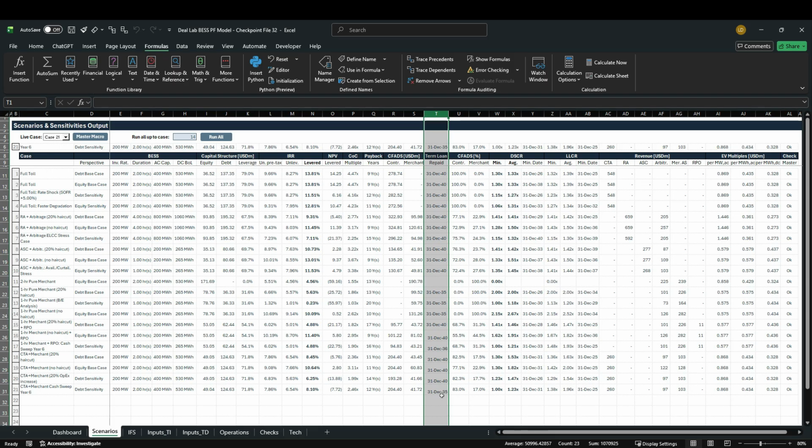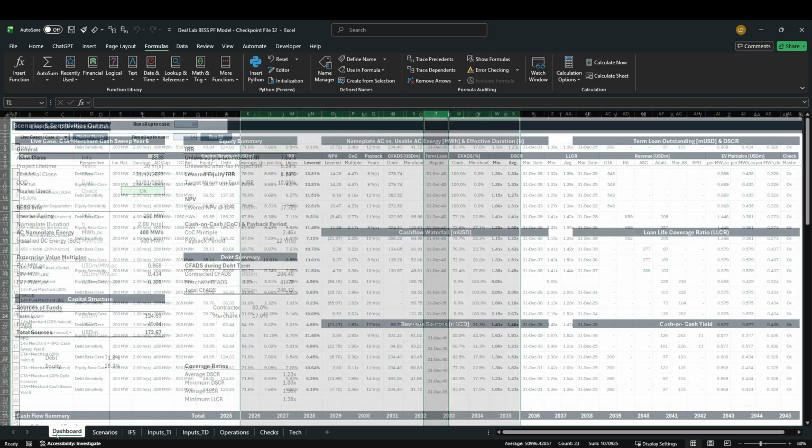So now we are fully done with our scenarios, and we have a very handy scenario output sheet, which should allow both lending decision makers as well as sponsor decision makers to get an easy overview of all the key outputs from different asset structuring approaches.